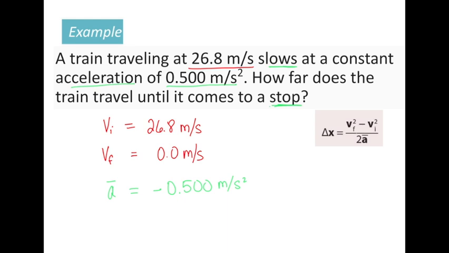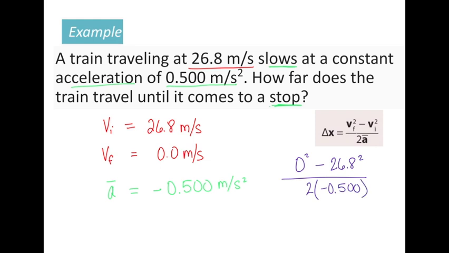If my initial velocity was 0 and I was subtracting a 0, that really wouldn't matter. But because I'm subtracting from 0, it actually matters here. So when I plug this in, I'm going to say 0. Of course, the square doesn't really matter, but technically it's squared. Minus my 26.8 squared over 2 times my negative 0.500.